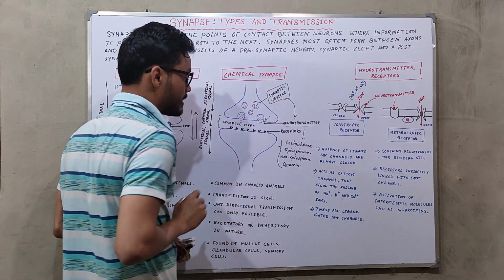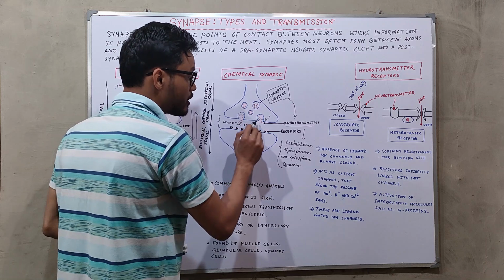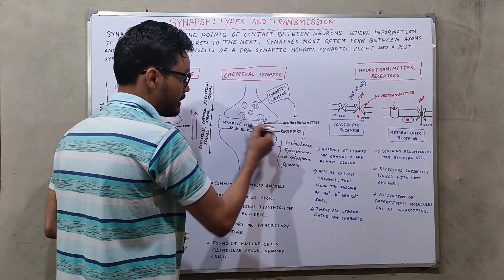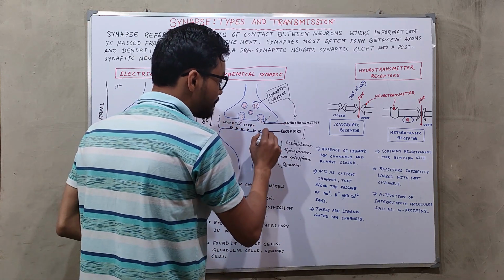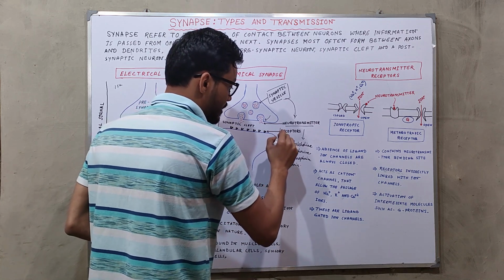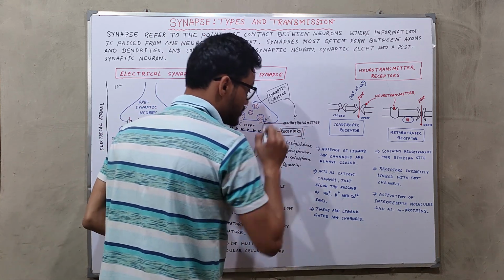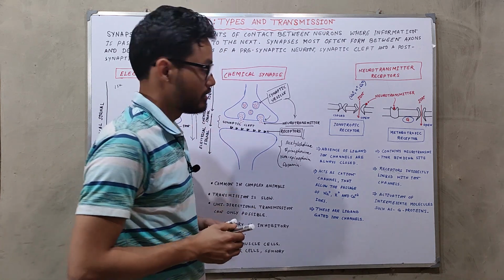This portion is the synaptic cleft, and the neurotransmitters are released into it. The postsynaptic neuron has a structure known as a receptor.